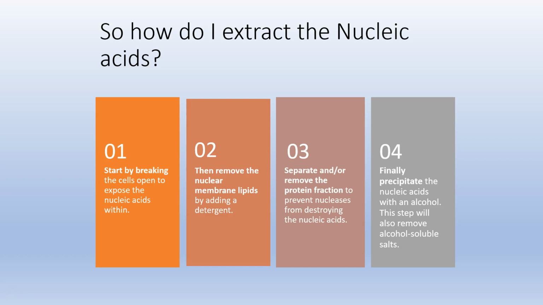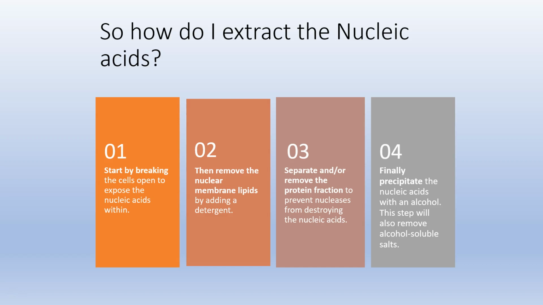We also want to extract the DNA in as pure a form as possible, which means that we want to remove any other stuff that's there. Majority of that stuff is going to be protein. So we have to separate or remove this protein fraction either by destroying it or by removing it in some way, shape, or form.